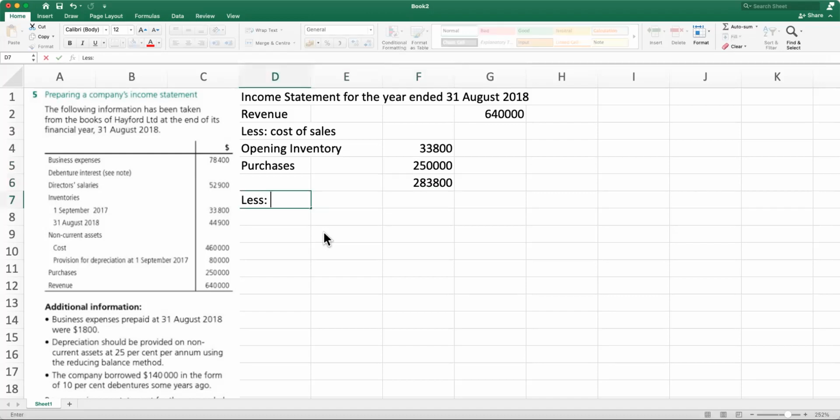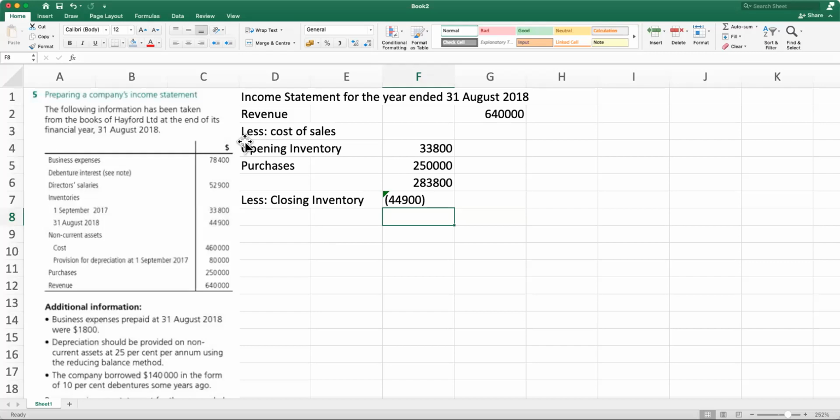And less your closing inventory, 44,900. So I'm just going to put this in a bracket. And then after that, we're going to get our cost of sales, 238,900.